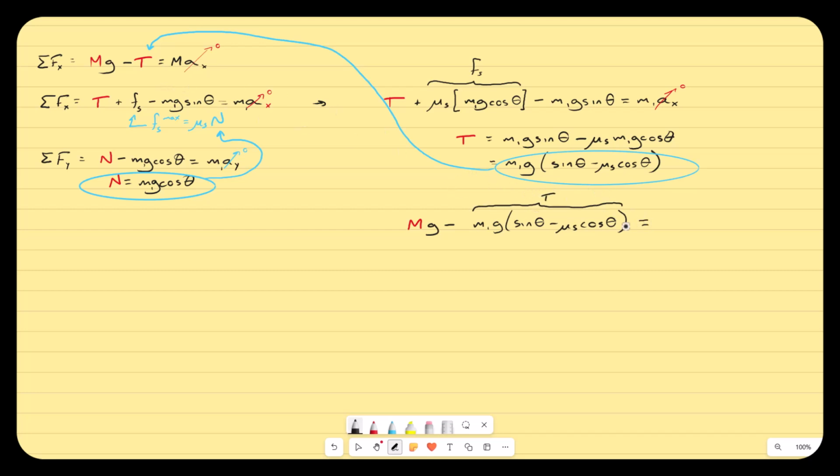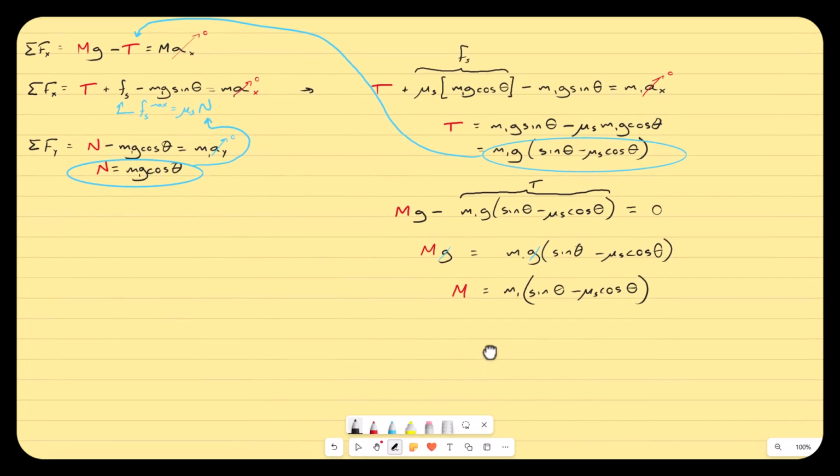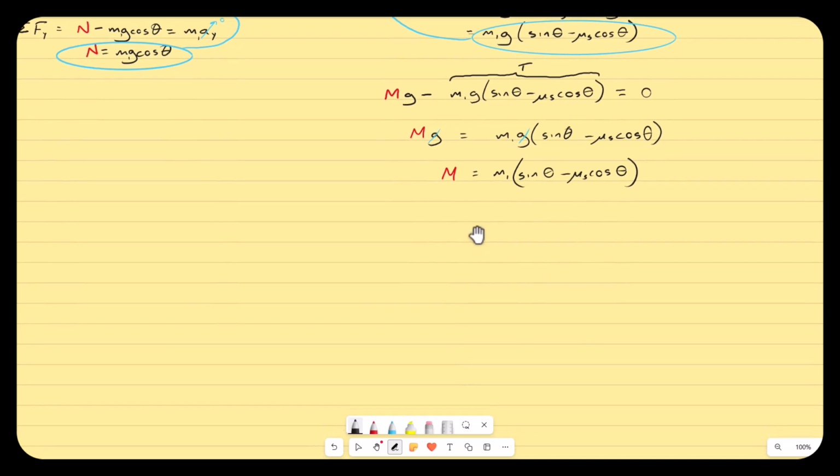And solving for M, I can just cancel out a g. Now I've got something where I know I could have plugged in numbers sooner, but I didn't, and it was on purpose. Here's why. Well, almost here's why. I'm going to plug in my numbers now.